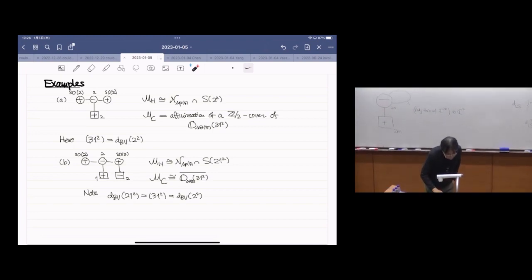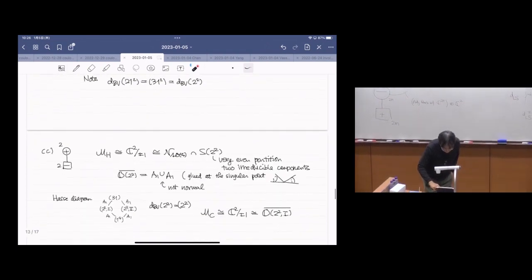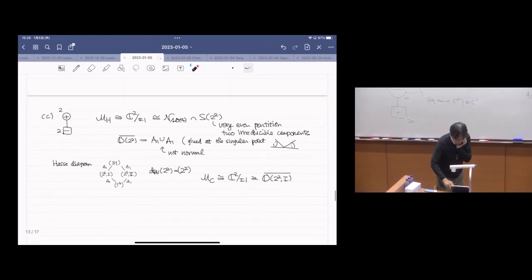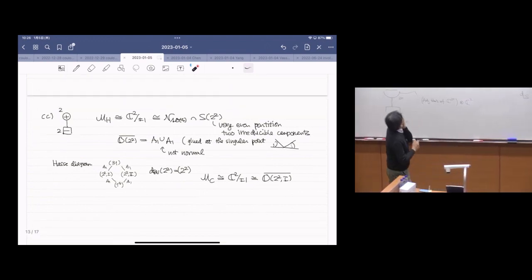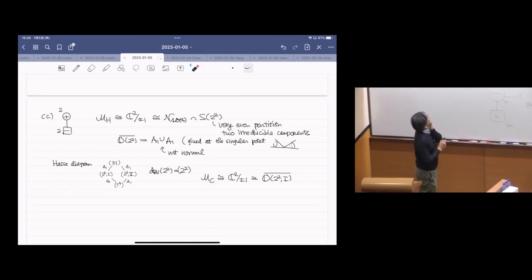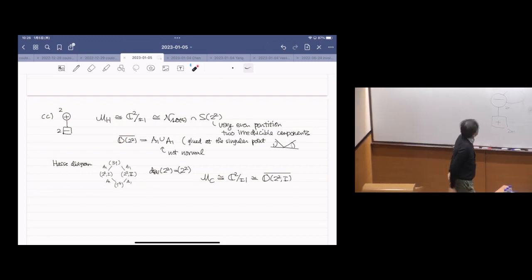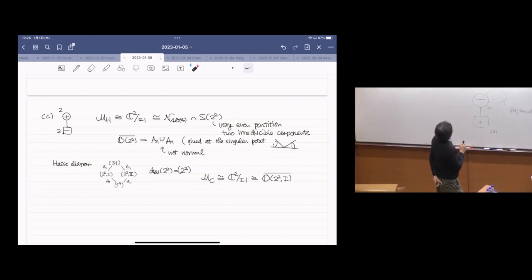Let me continue a little bit my example. And this is a simpler example. So again, I increase this dimension from 1 to 2. Then you can also show that in this case, it's the same as the one which you get for orthogonal O1 for the Higgs branch.